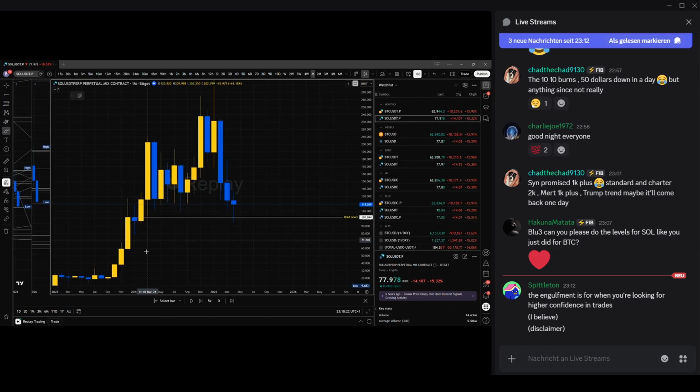But especially if you're just starting out, this is your current trend and you try to short against the trend. So on top of this being a single candle engulfment only without a proper range yet, you would also try to trade against the trend, which can hurt at times.